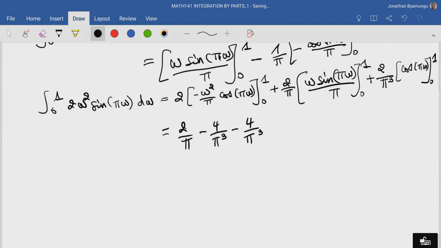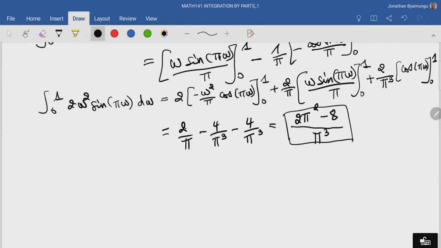Right, which will be equal to 2 pi squared minus 8 all over pi cubed, which should be the answer there. Yeah, and that should be the final answer.